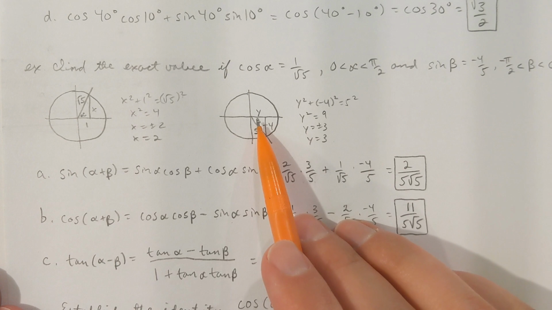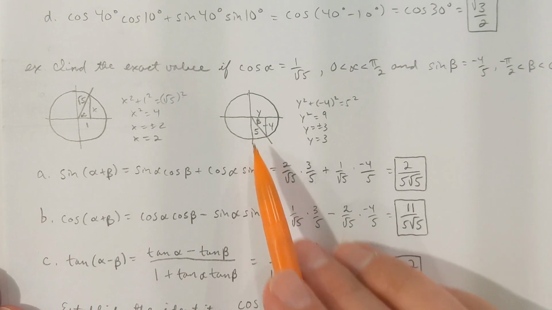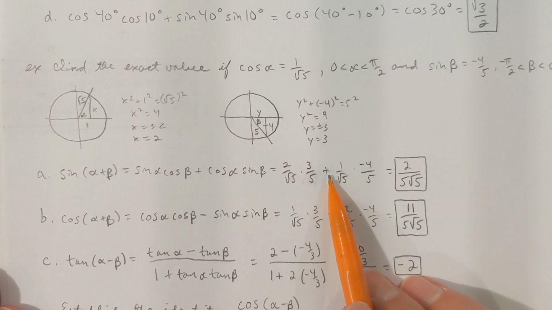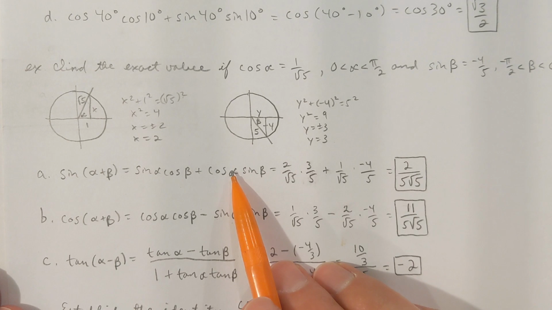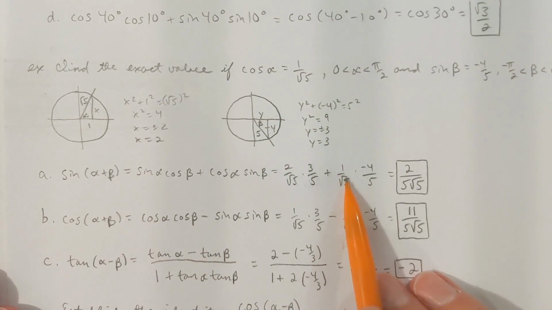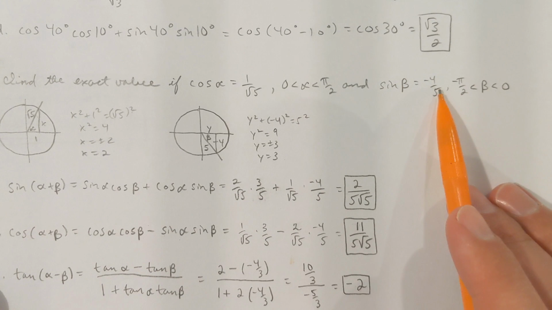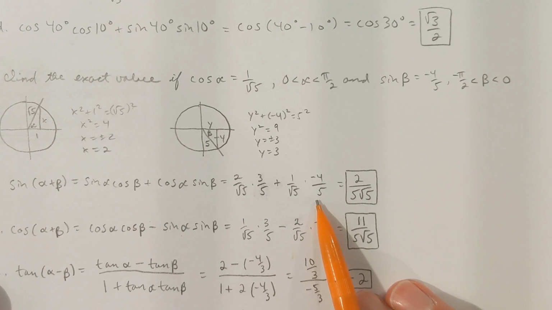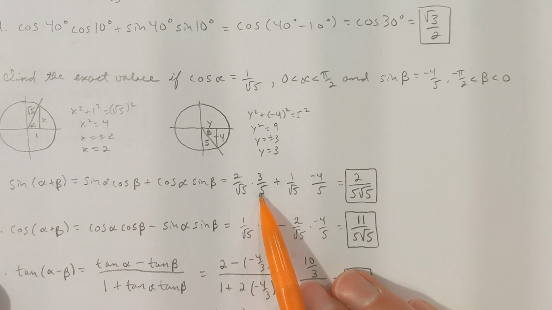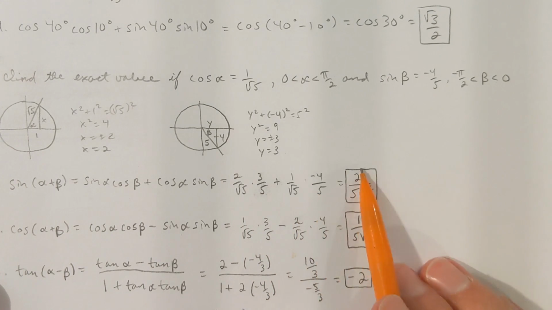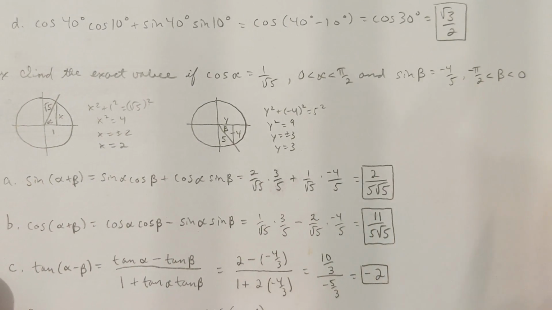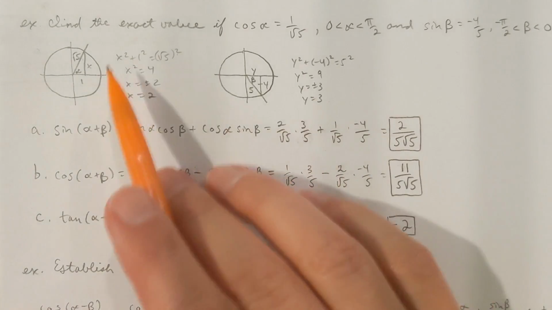Cosine beta, okay, adjacent over hypotenuse, that'd be 3/5, plus cosine alpha, well, that was given to me, that's 1 over root 5, times sine beta. That sine beta was also given to me, that's negative 4/5. 6 over 5 root 5 minus 4 over 5 root 5 would be 2 over 5 root 5, which would be the exact answer there.